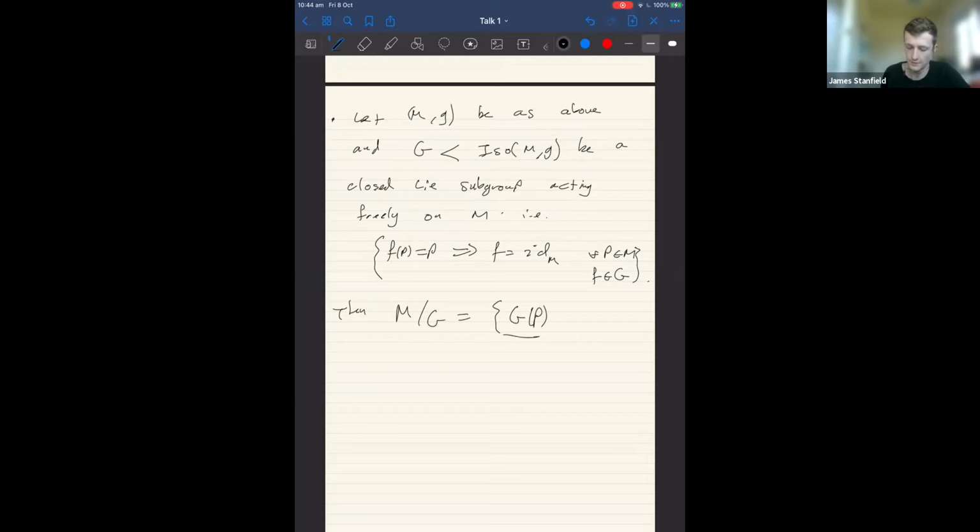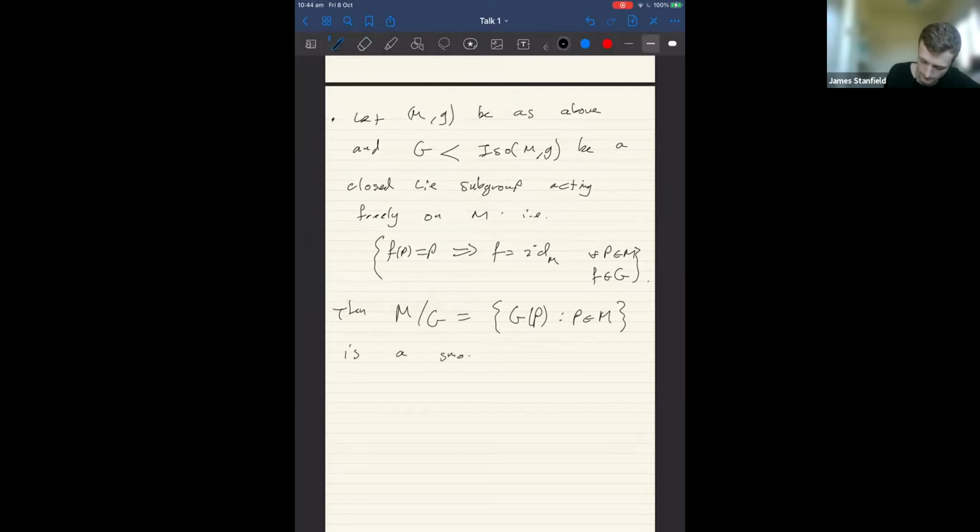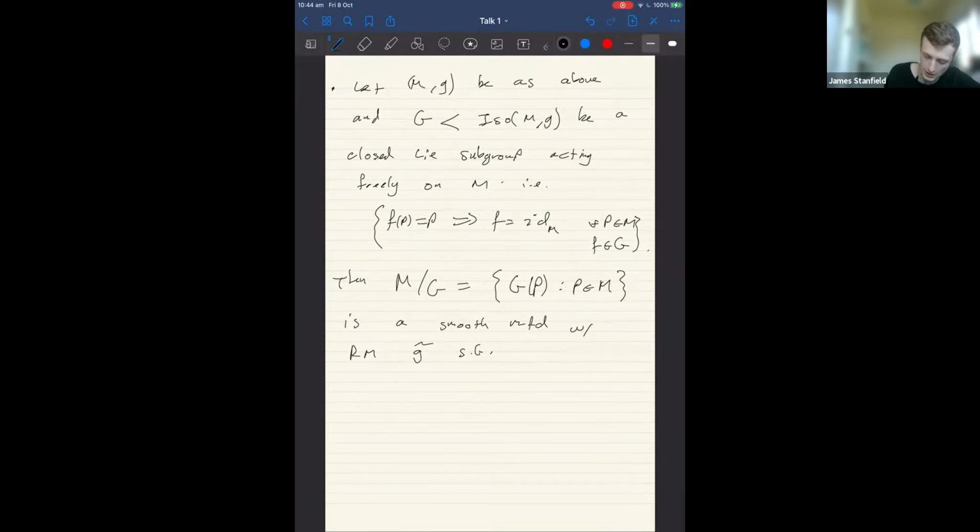by this I mean every f in G applied to the point p such that p is in M. The set of all orbits is a smooth manifold with Riemannian metric g tilde such that the projection, or sorry, the quotient map, is a local isometry.